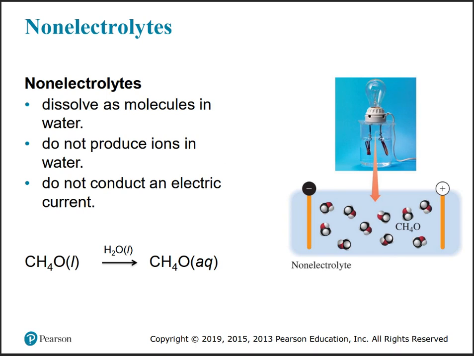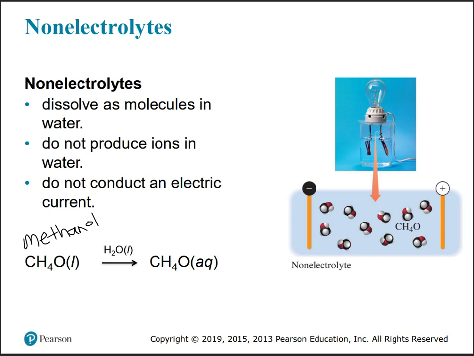Those are non-electrolytes. These are things that dissolve in water, but they just dissolve as molecules. They don't produce any ions, and they don't conduct electricity. So if we took our methanol example, we were talking about methanol being a polar molecule because it has hydrogen bonding, the OH.